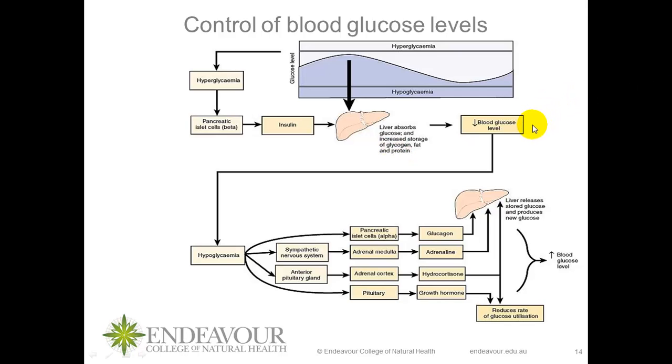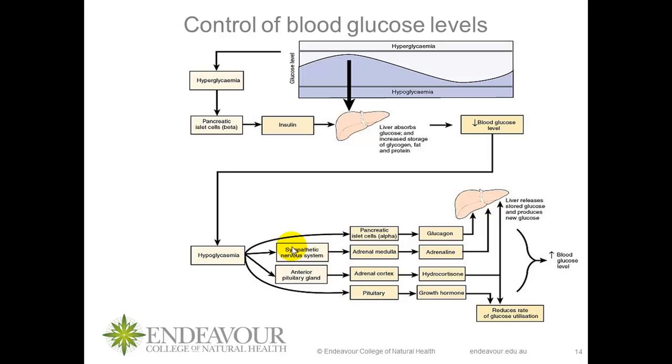As blood glucose levels then drop and lead to a hypoglycemia, normally what would happen to oppose that and to then eventually raise blood glucose levels again is two responses. First of all, it could be the sympathetic nervous system through the hormone adrenaline that might lead to a sudden release of some of that stored glucose in the liver.